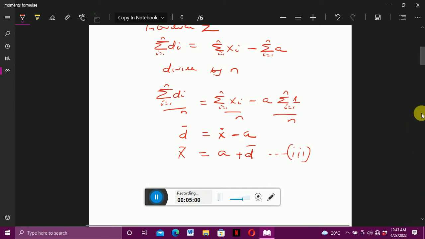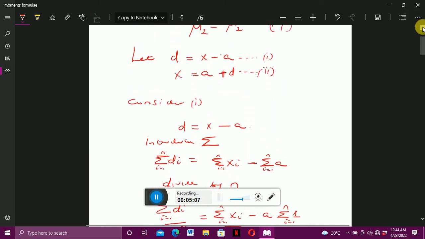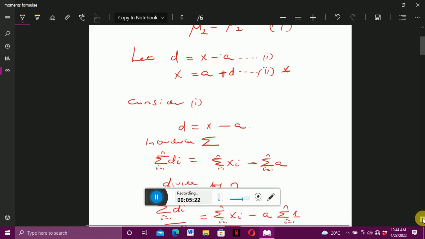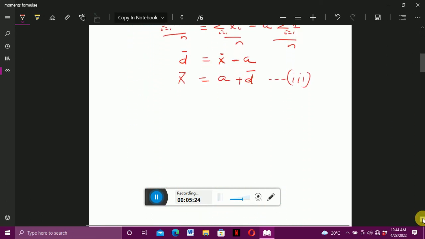Once we have labeled that as 3, we go back to the original equations that we had. Remember we have worked with 1, so now we are going to take equation 2 and combine it with the equation that we have found here, which we have labeled 3. So we take 2 and 3.